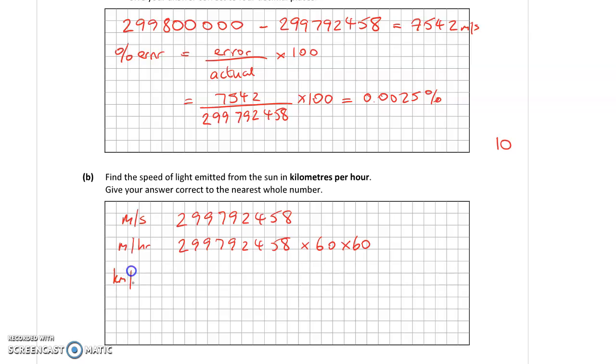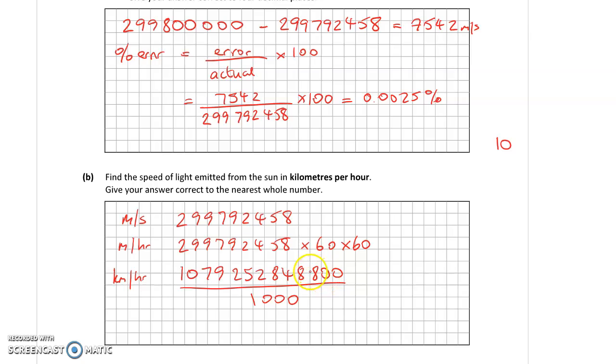Now, a kilometer is 1,000 meters. So this answer here, which would have worked out as 1,079,252,848,800, I want to divide that by 1,000.